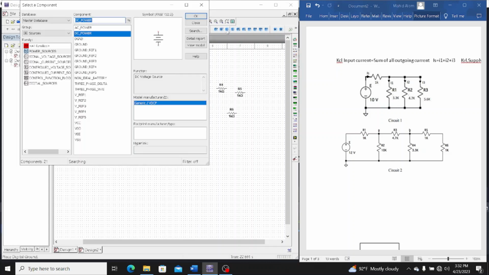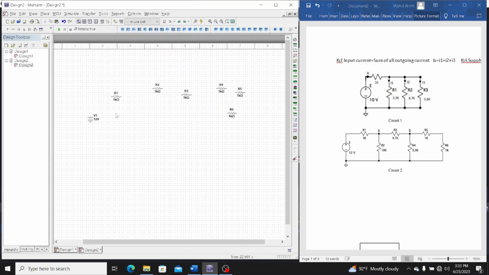Here it is, and the value is 12 volt, and I also need to take a ground.